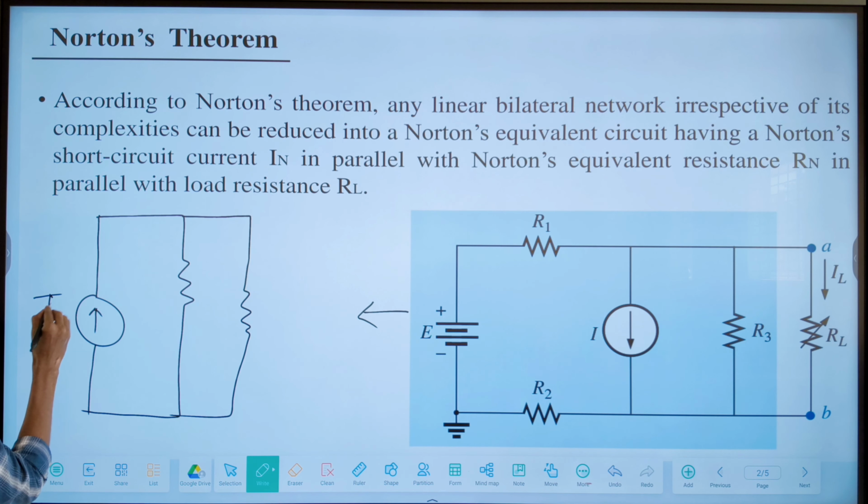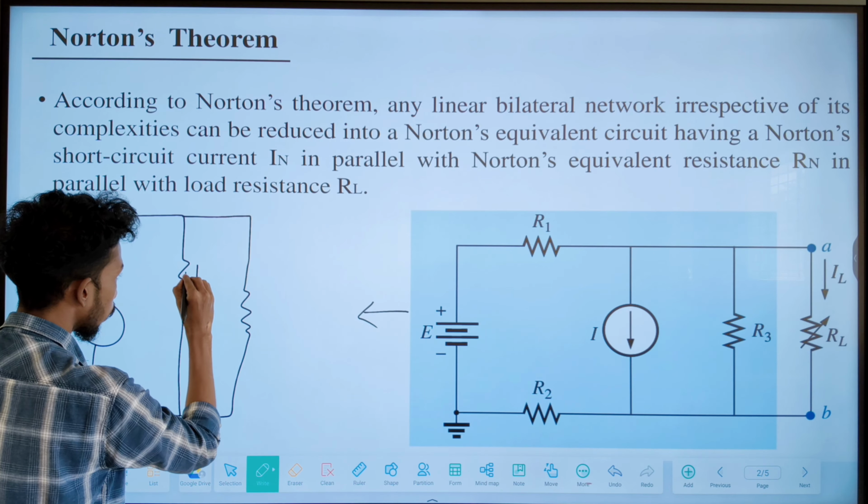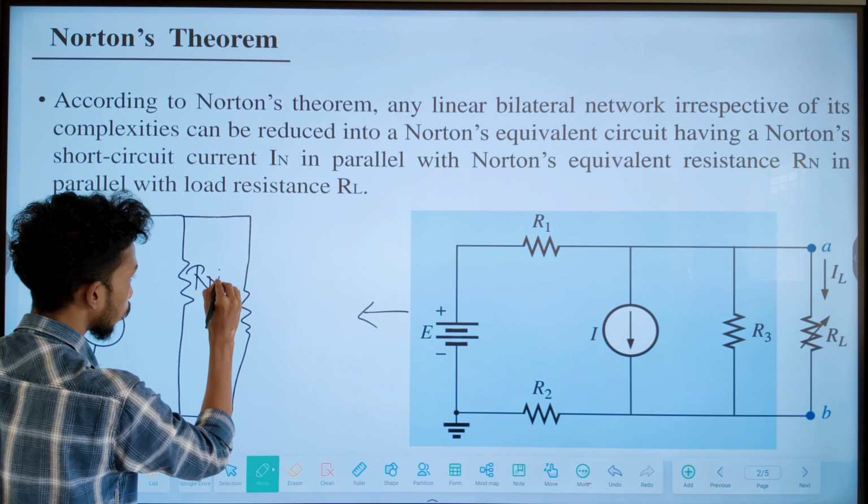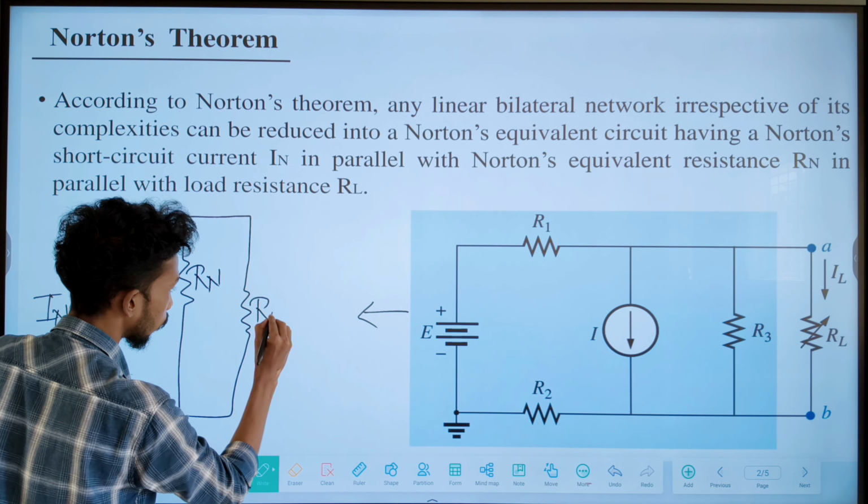This is our IN, that is Norton current. This is our RN, that is Norton equivalent resistance, and this is our RL.